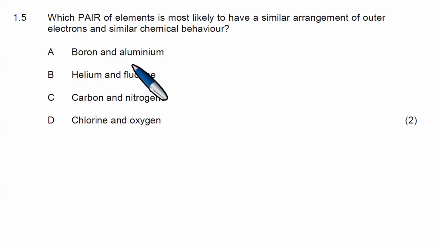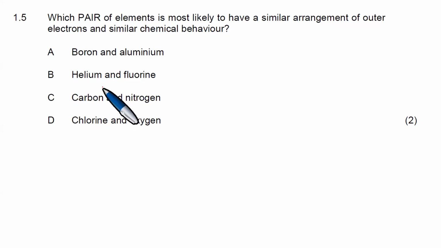Is it boron and aluminium, helium and fluorine, carbon and nitrogen, chlorine and oxygen? Which pair of elements is most likely to have similar arrangement of outer electrons and similar chemical behavior?